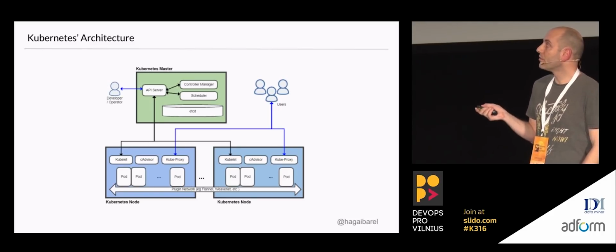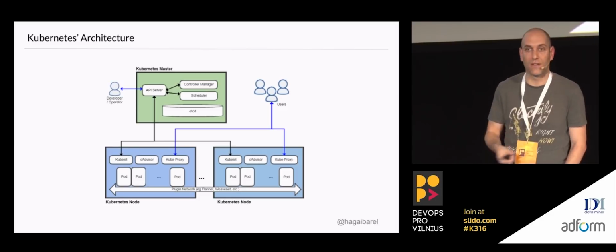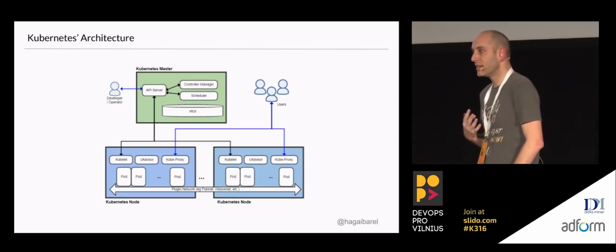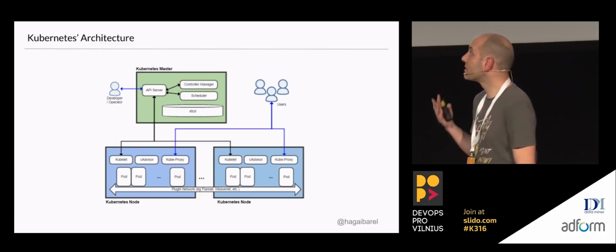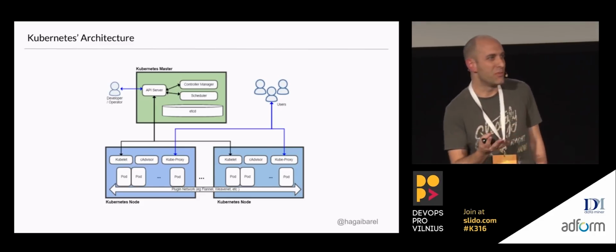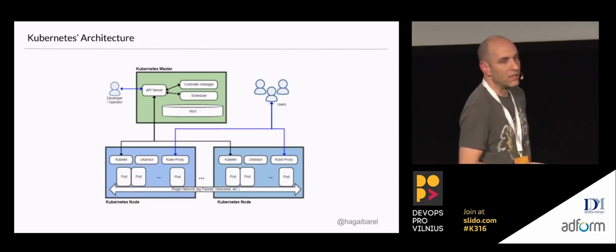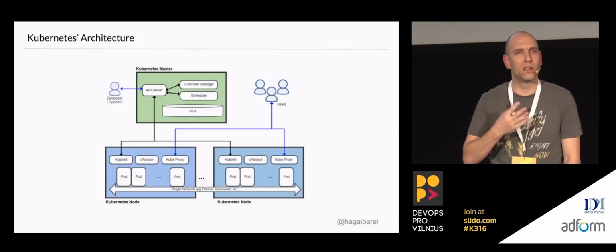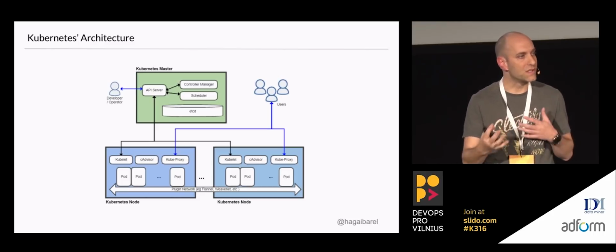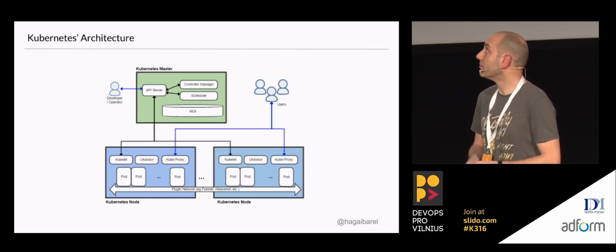And any other component in the system that also wants to affect or get data on the state of the cluster has to go through the API server itself. Now, the API server is API driven, obviously. It's based on an HTTP REST API, with various API versions that support different kinds of resources in the cluster.